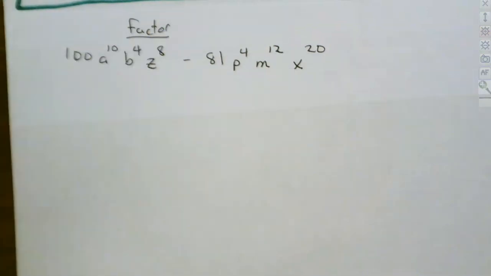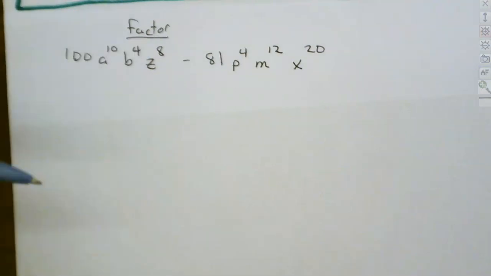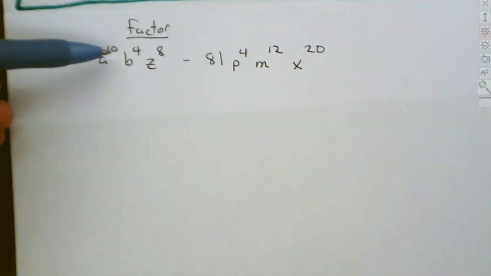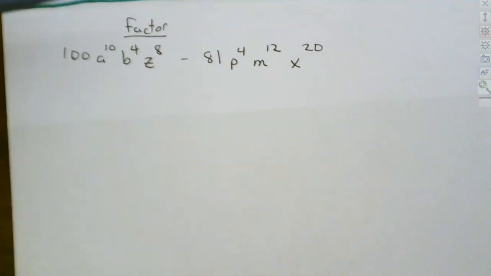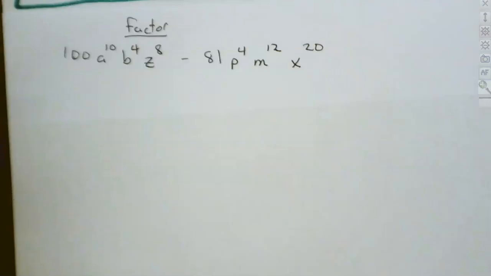They're all different. And for it to be factored as a difference of squares, the powers need to all be even because we have to split them in half. We can split 10 in half, 4 and 8 can all be split in half. This 4 over here, the 12 and the 20 can all be split in half.